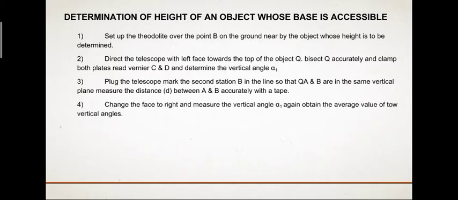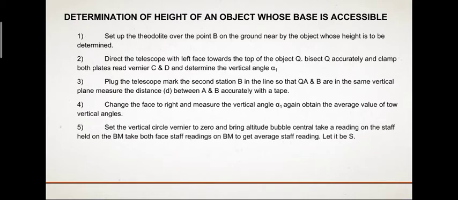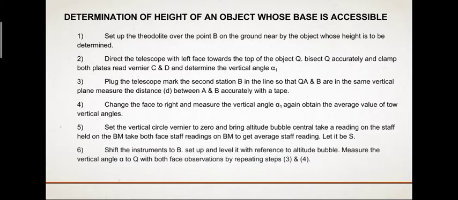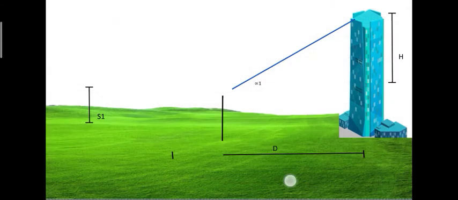Then do the same thing with the face right observations, and take the vertical angle average of those two, and then calculate the height of an object with respect to the point B. Whatever I have told, the same thing he is trying to tell you.